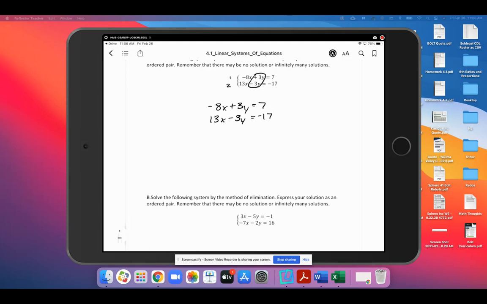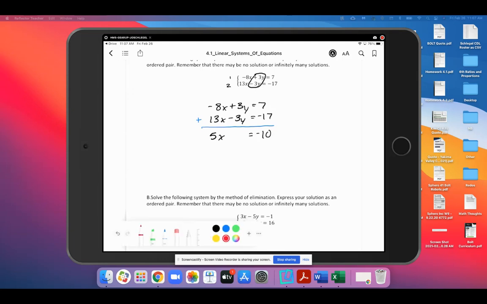Again, it feels very much like a magic trick to me. I've never been a fan of it, but basically what we're going to do, folks, is we're going to say, hey, I'm going to add all the x's, all the y's, and all the constants and see what I get here. So in this case, I would get positive 5x. The negative 3y and the 3y are going to make 0. And I would get 5x equals negative 10.